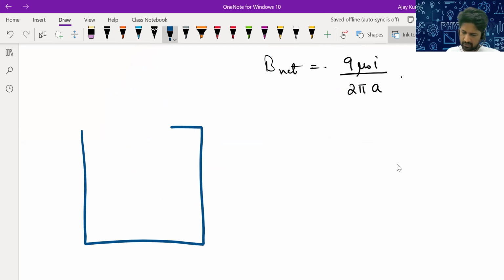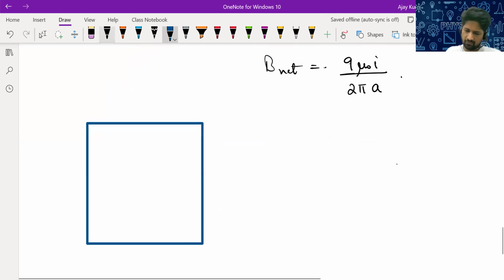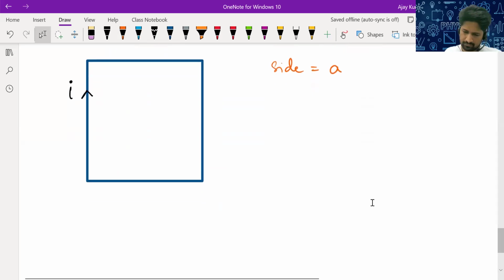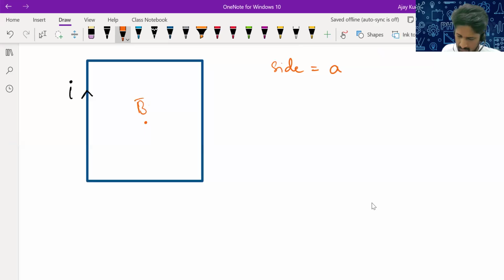Next, consider a square frame along which some current is flowing. Calculate the magnetic field produced at its center if the side of the square is given as A. And try to visualize the direction also always.